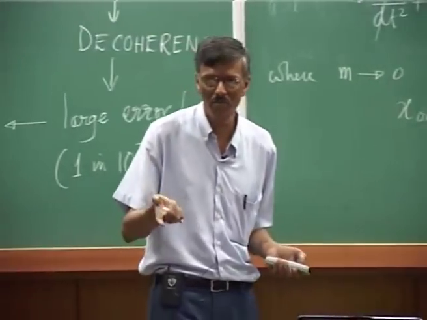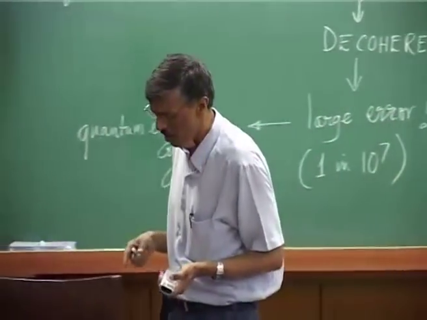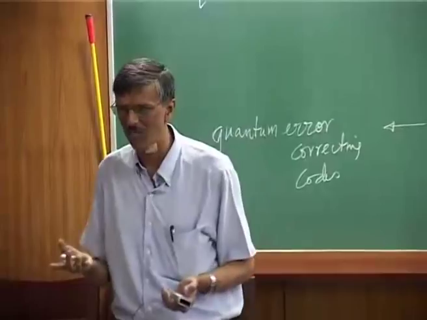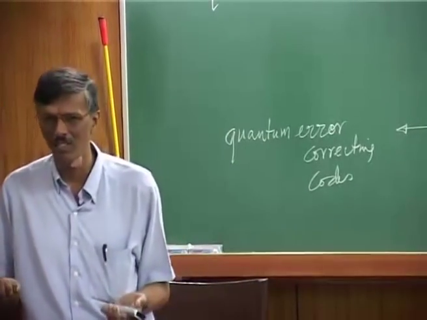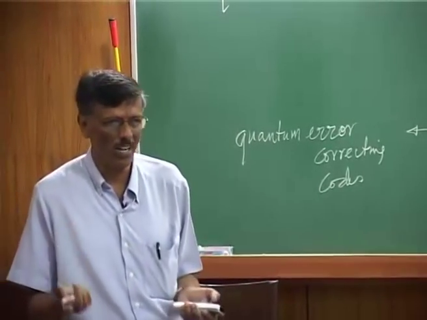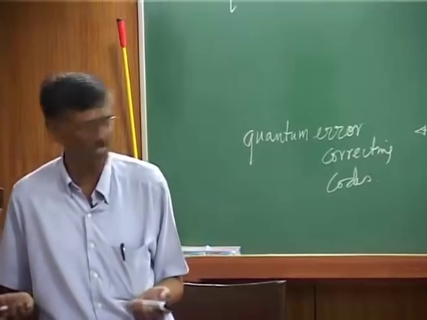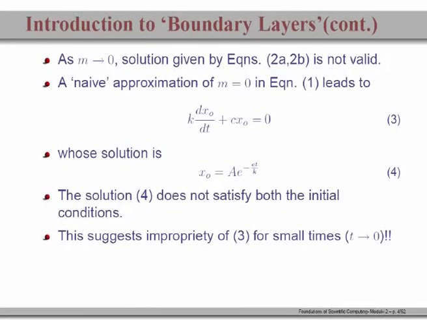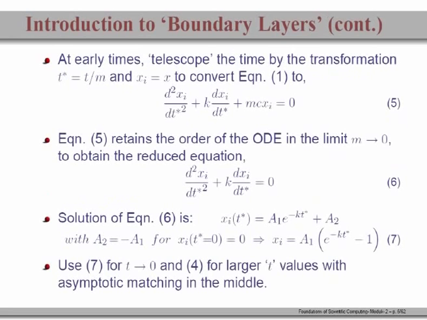So, apart from the fact that the order of the system has come down, so you cannot satisfy two initial conditions, you are hoping to satisfy at least one, that hope is also dashed, because this does not satisfy even that. So, this shows that this kind of naive approach will not do. We may have to do something different, because the impropriety of the solution is close to t equal to 0, right at the beginning of the system.